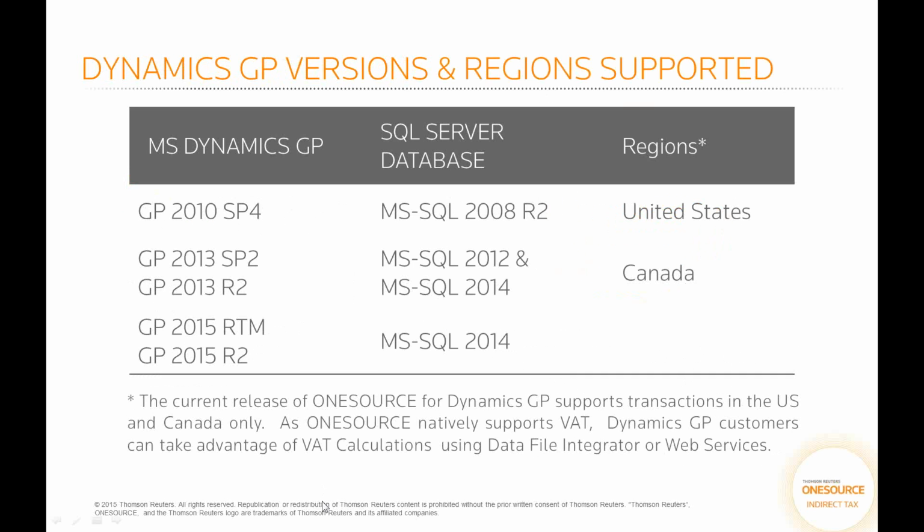However, as ONESOURCE natively supports use tax and VAT, Dynamics GP customers can also take advantage of use tax and VAT calculations using our data file integrator, which is Thomson Reuters Universal Connector for batch processes. Or for other real-time calculations, they can leverage ONESOURCE Web Services, which is an embedded component of our tax engine.